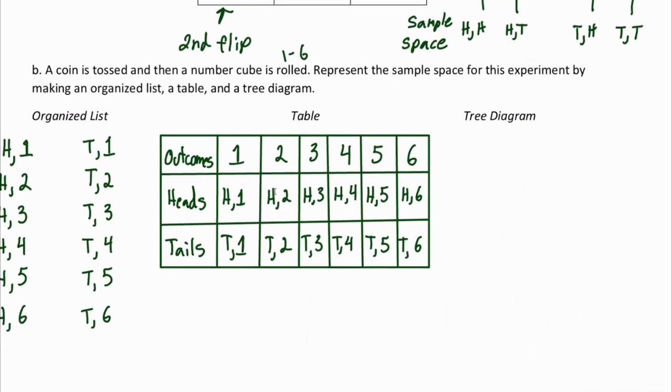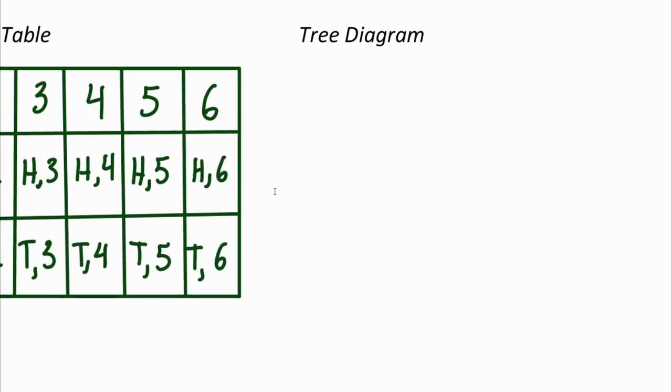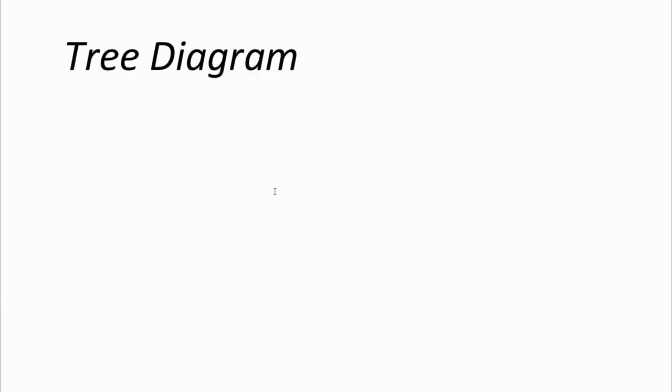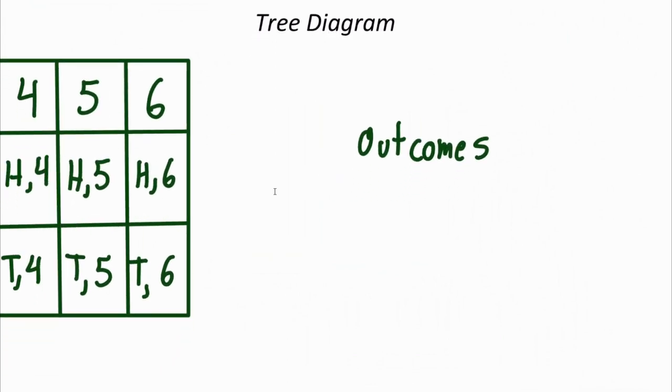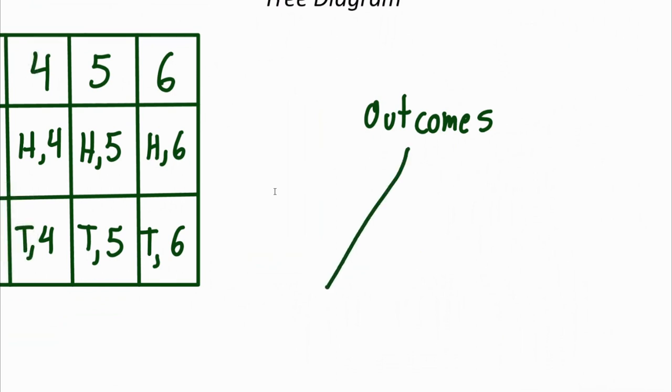And then we are also going to represent it as a tree diagram, which you may need to write a little small for this one because it's going to get a little bit bigger. So again, we have our outcomes. That's what we're trying to find. And the first thing we're trying to do is heads and tails.